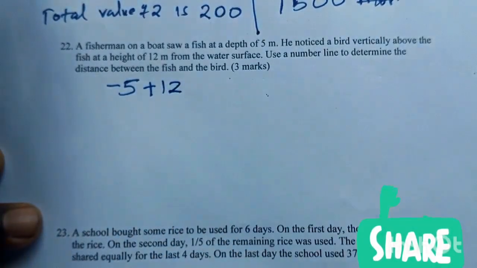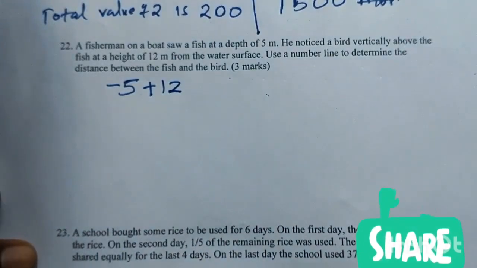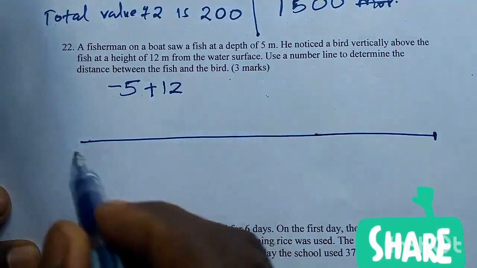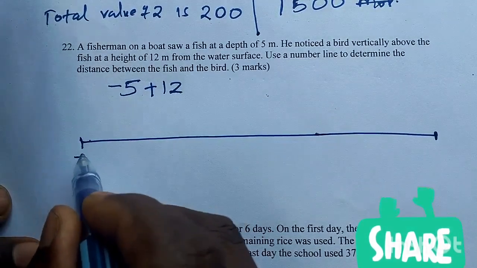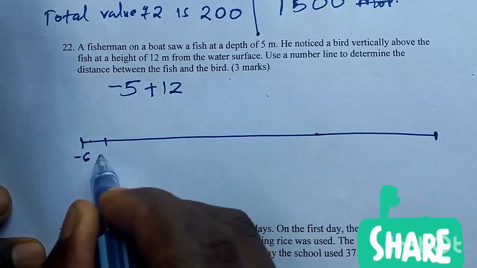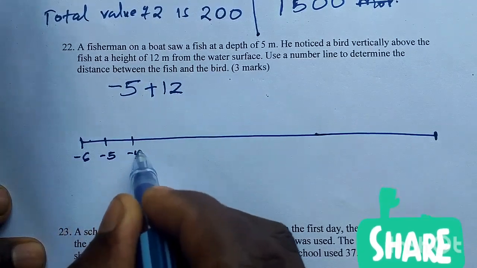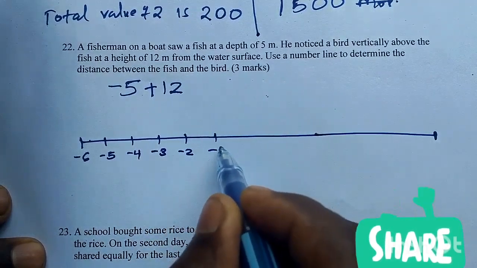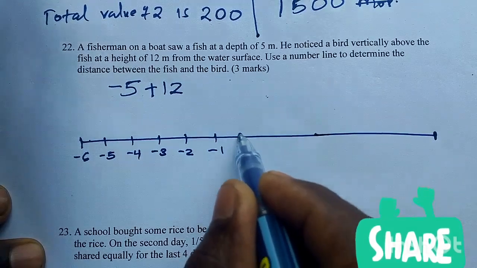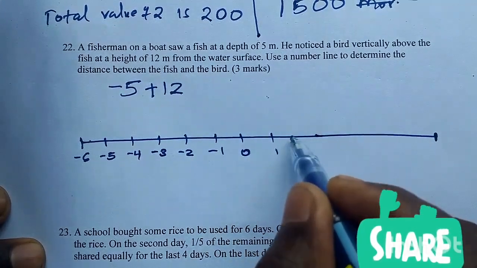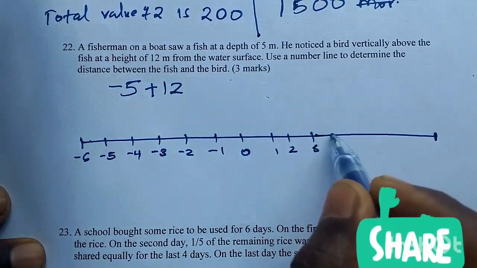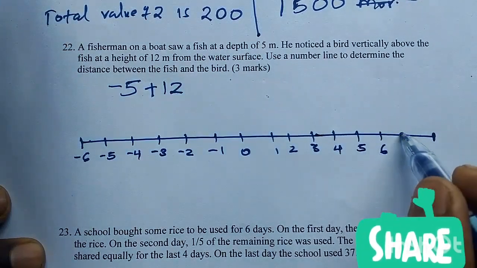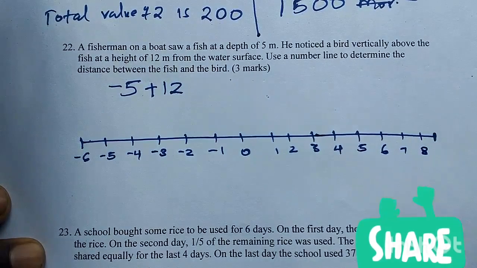So we are going to use the number line to do this. -6, -5, -1, 0, 1, 2, 3, 4, 5, 6, 7, 8.